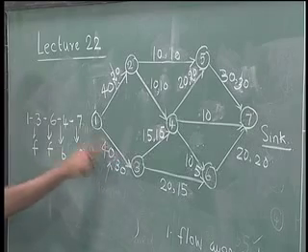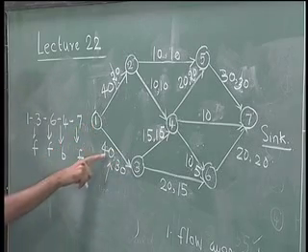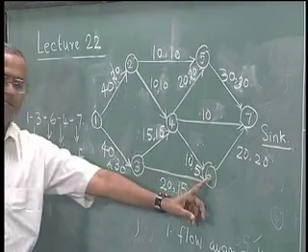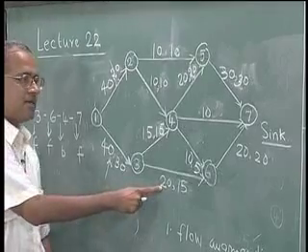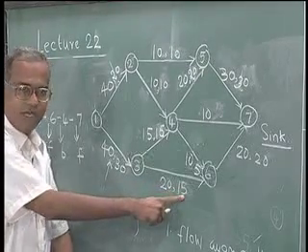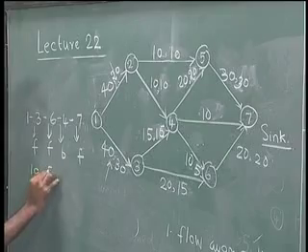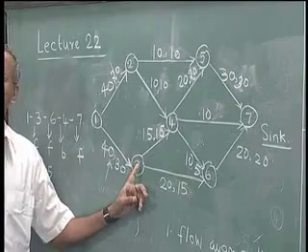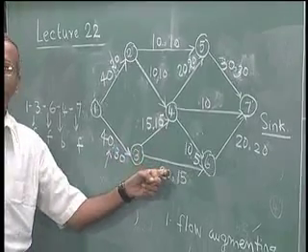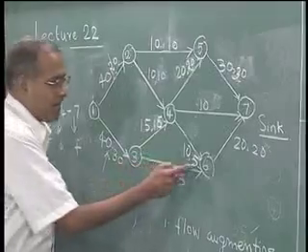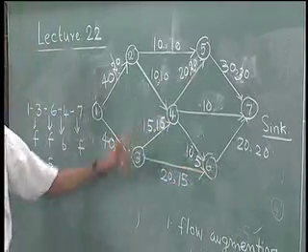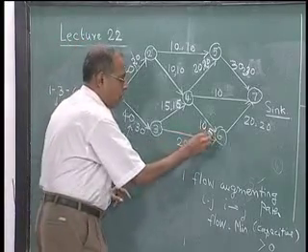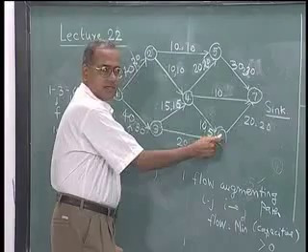Now the increase that is possible here is 40 minus 30, which is 10. 3 to 6 is again a forward arc, capacity is 20, flow is 15, so this can absorb 5, which is the difference between 20 and 15, which means the flow can be increased by 5 units here. Now if we look at this backward arc 6 to 4, there is a forward arc 4 to 6, and more importantly there is a flow in the direction 4 to 6.